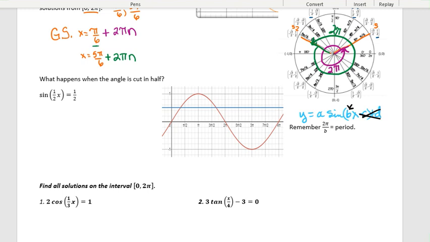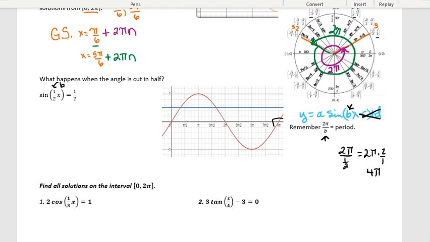So what that's going to do, this b, this tells me how long the period is. So in this case, this is your b value, okay? So that means that if we have 2 pi over 1/2, and remember, keep, change, flip, 2 pi times 2 over 1, that would be 4 pi.